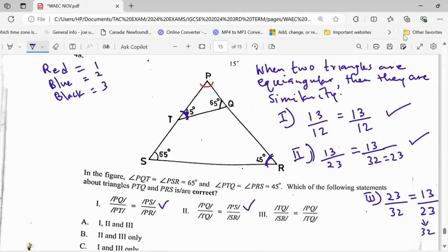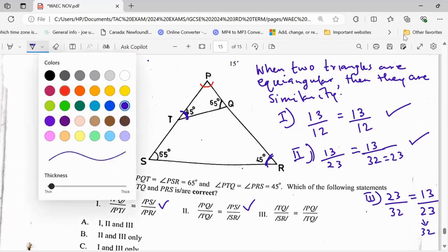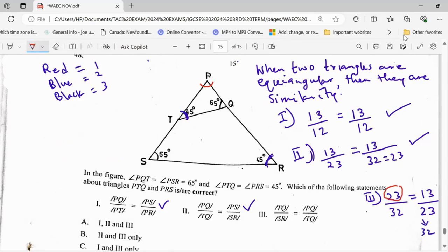But if you look at the numerator, it has given us a wrong line. These two lines, these 2, 3 and 1, 3, cannot be the same. The line designated 2, 3 is where you have blue, black. That's line TQ.